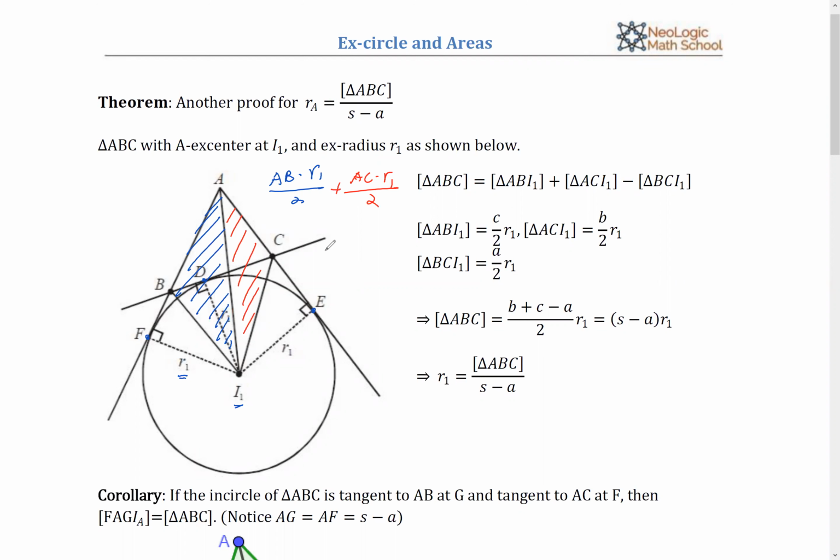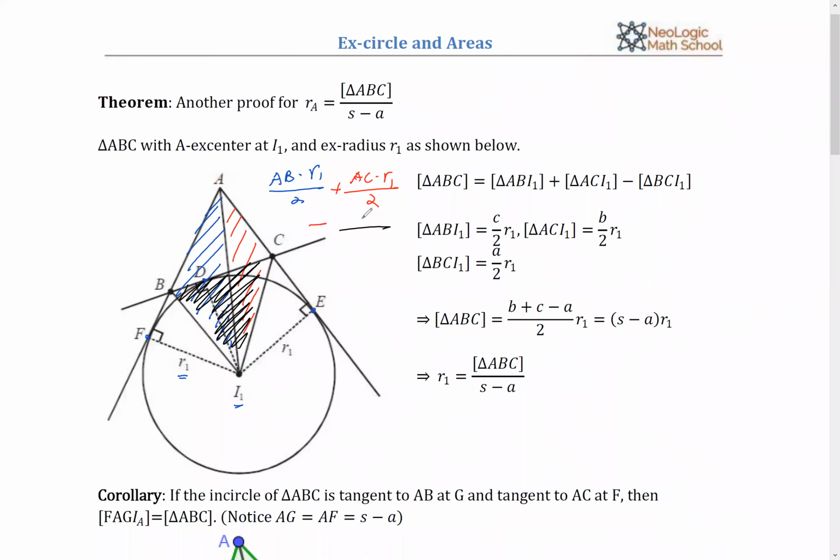If you add them up, that's basically the quadrilateral ABI1C. And so then you subtract which one? How about we subtract this one? If we subtract the area of this triangle, we will get ABC's area.